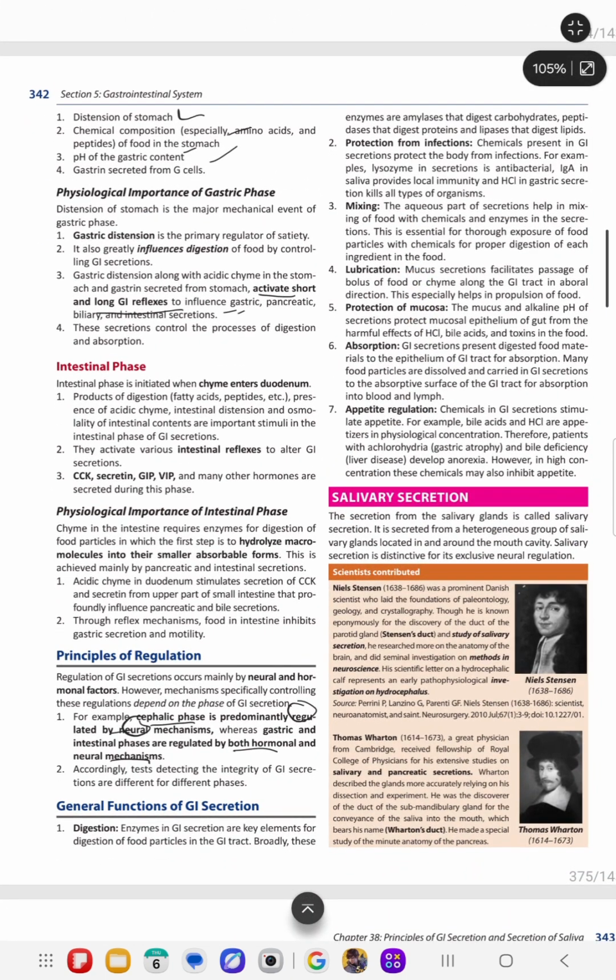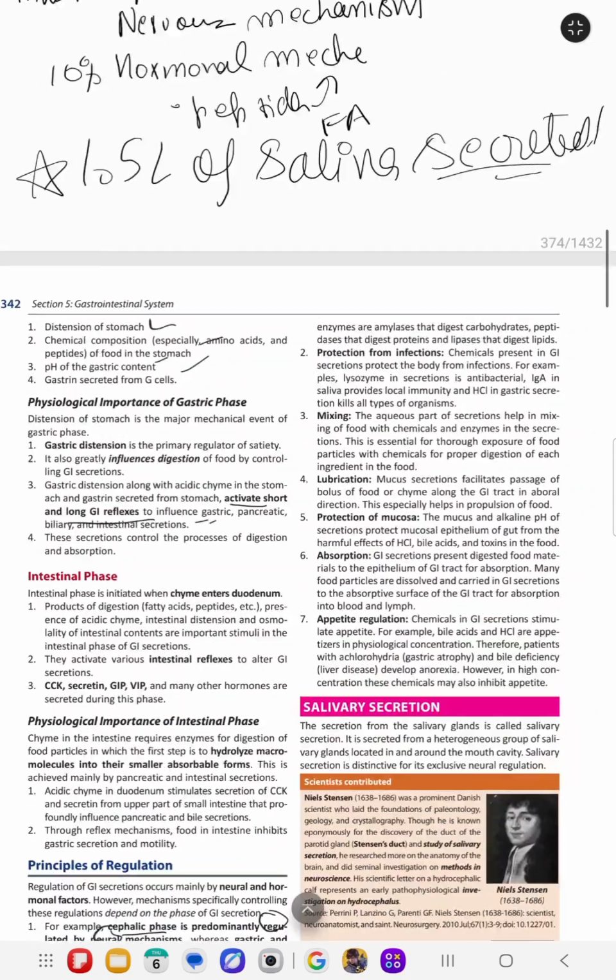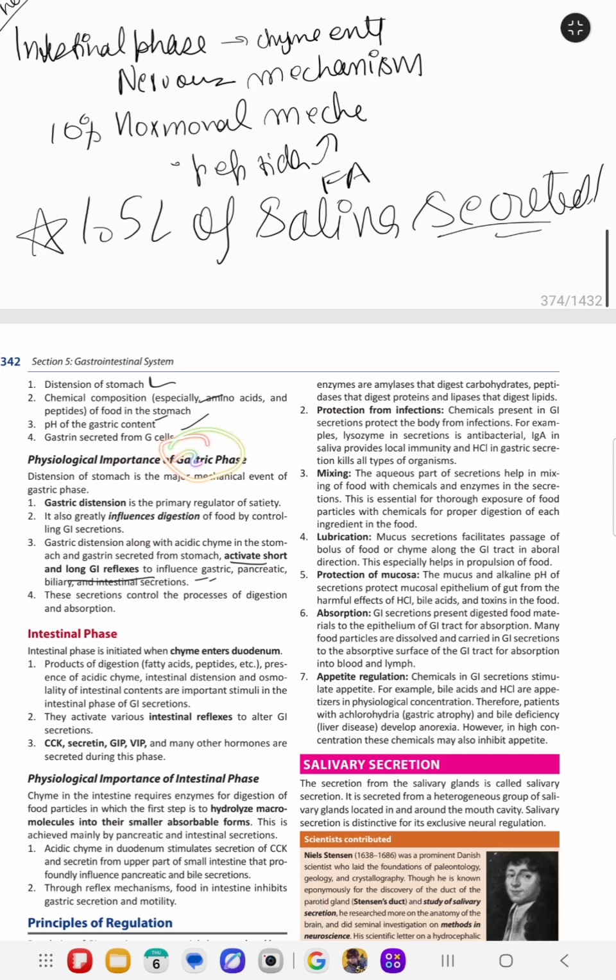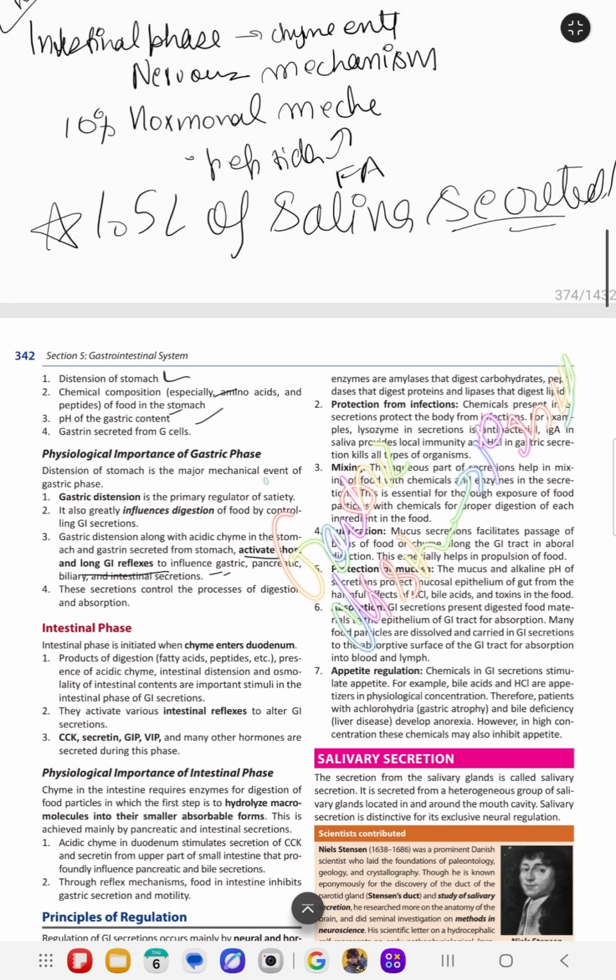The physiological importance of the gastric phase is gastric distension, which is the primary regulator of your appetite. It also activates short and long reflexes of the GI tract.